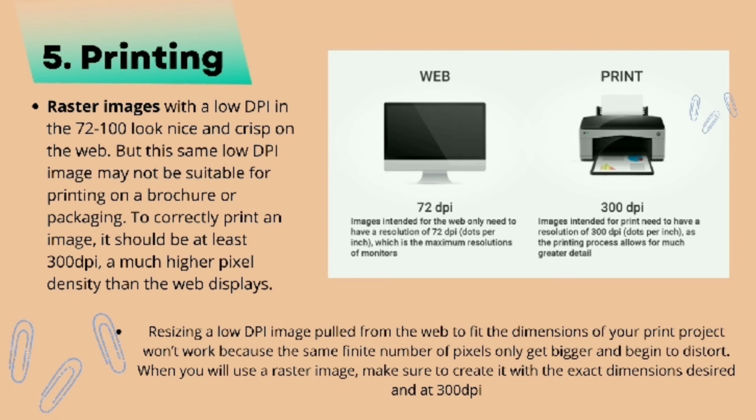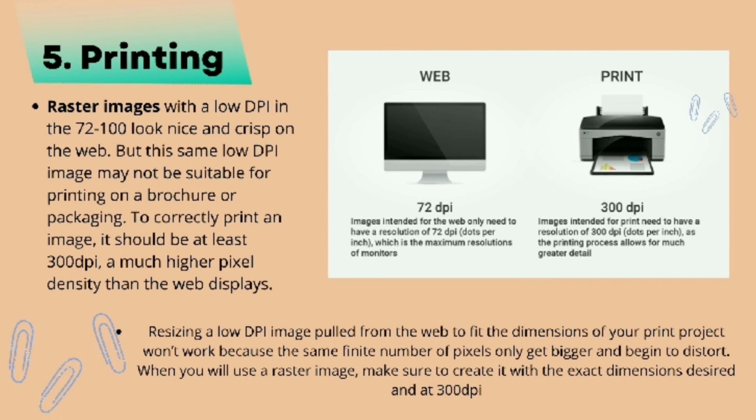To correctly print an image, it should be at least 300 DPI, a much higher pixel density than the web displays. So resizing a low DPI image pulled from the web to fit the dimensions of your print project won't work, because the same finite number of pixels only get bigger and begin to distort. For example, let's say you want to print your logo at 2 by 3 inches on the brochure.